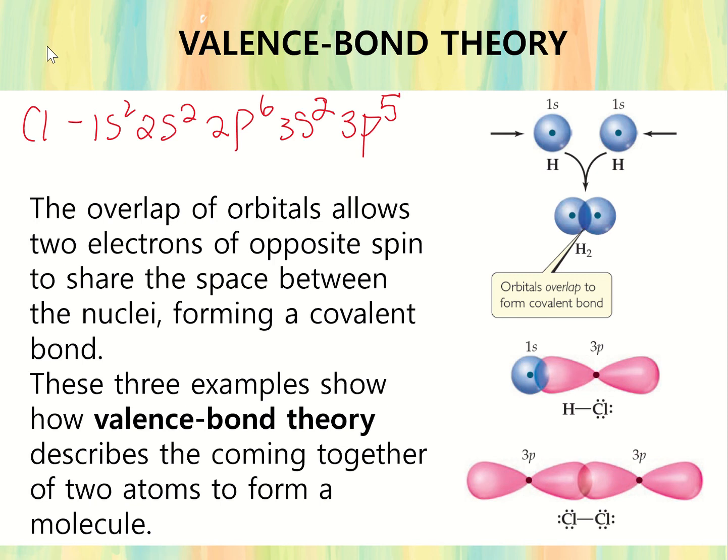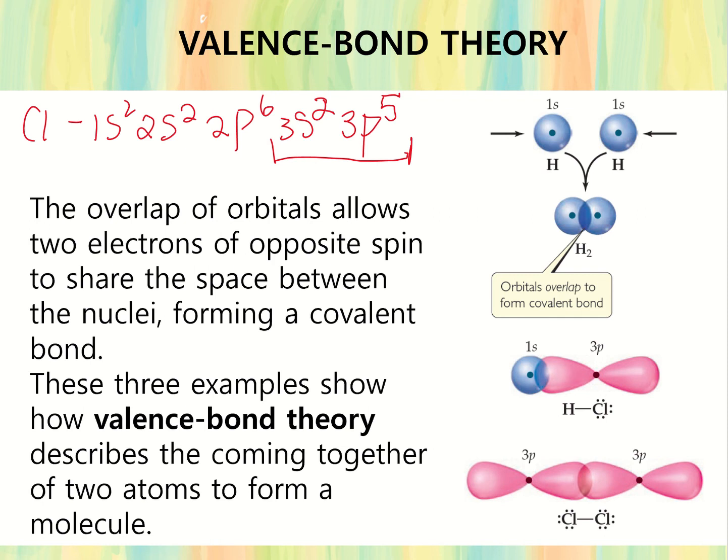So that's 1s2, 2s2, 2p6, 3s2, and 3p5, right? So our valence electrons are here, right? All right, so as we can see there, the outermost electrons are in the 3p subshell, right?